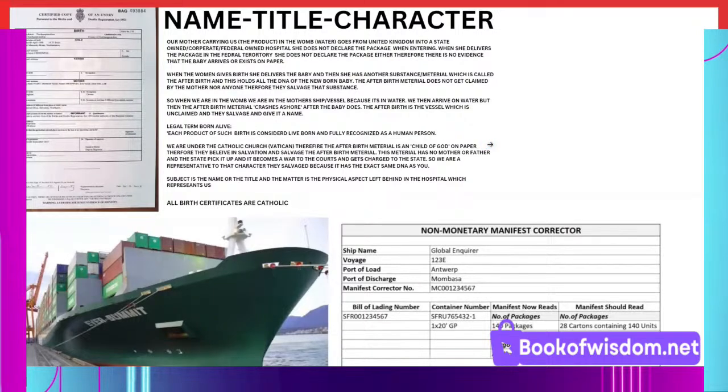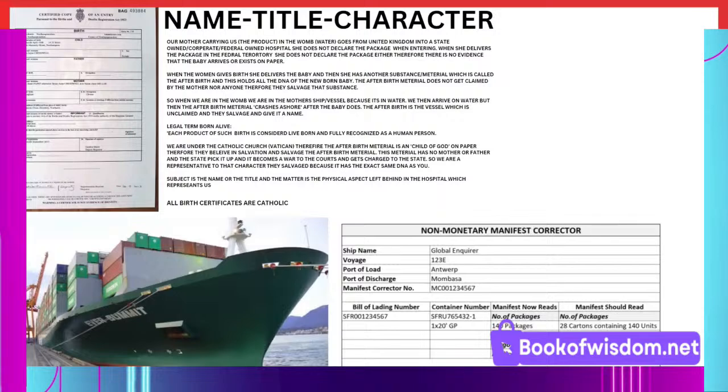So when the woman gives birth, she delivers the baby, and then she has another substance. Now I'm going to break down how they attach this name to us, how they do it. Okay, our mother is carrying us, the product, in the womb, the water, and it goes, for example, from the United Kingdom into a state-owned, corporate, federal-owned hospital, which is government-owned.